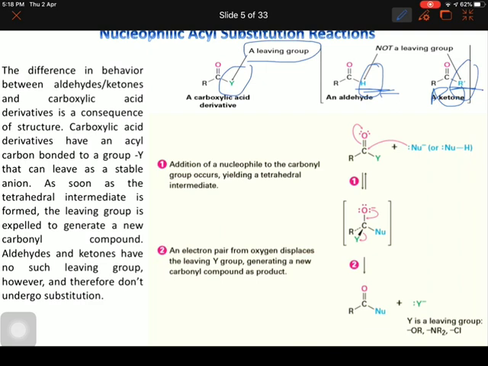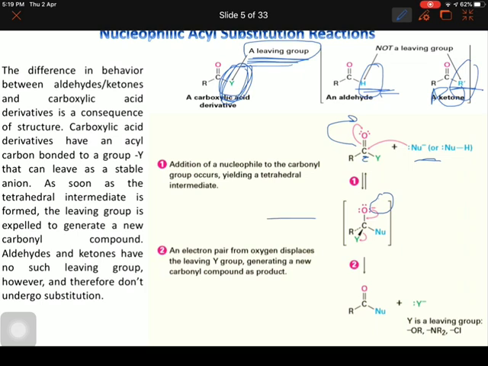If a question asks why the carboxylic acid derivative is more reactive than aldehyde or ketone, the reason is that this part of the carbonyl has a more electronegative atom and a good leaving group. The general mechanism for this nucleophilic substitution is that the nucleophile attacks the carbon of the carbonyl compound, then the double bond opens toward oxygen, and the oxygen gets one bond and a negative charge.